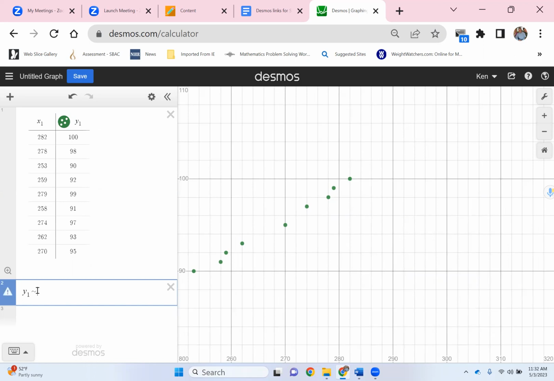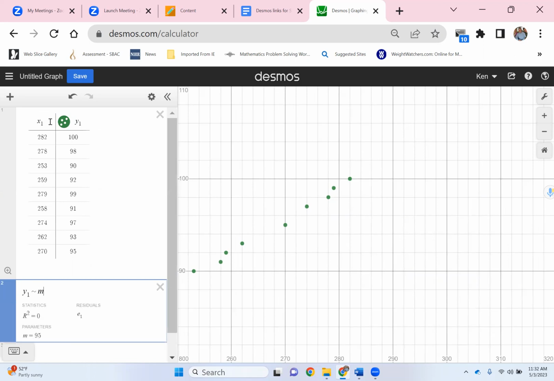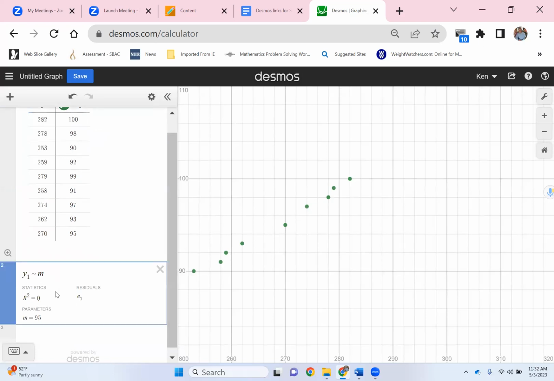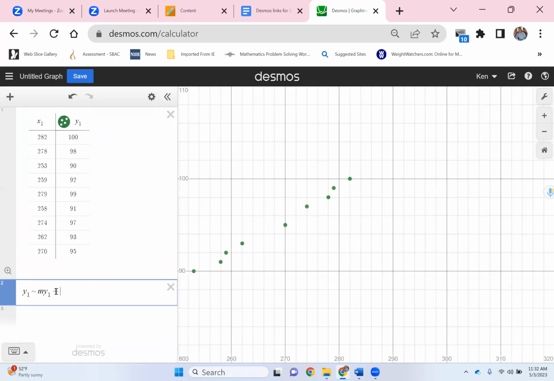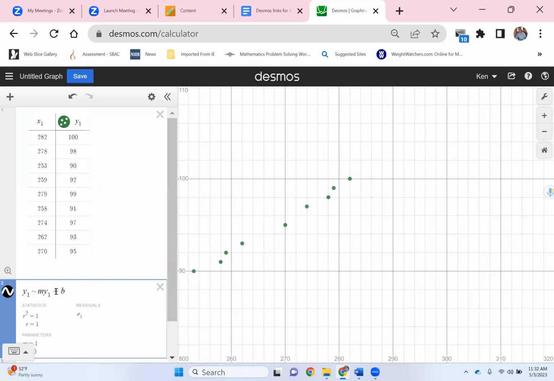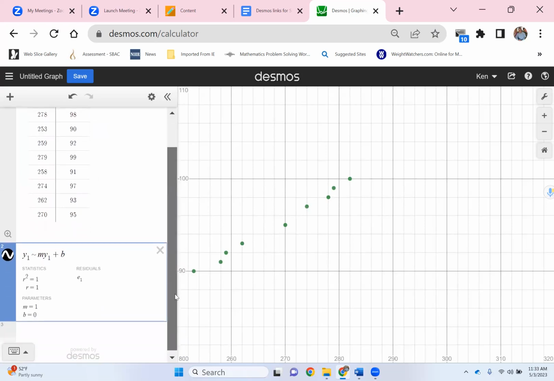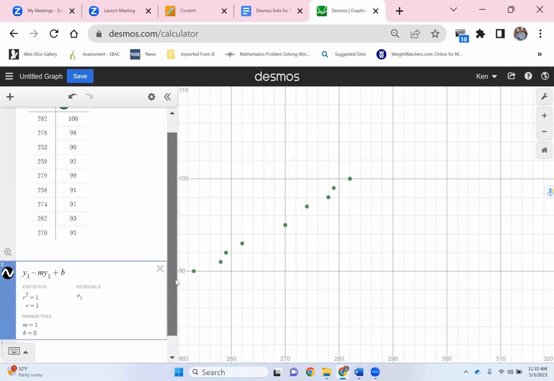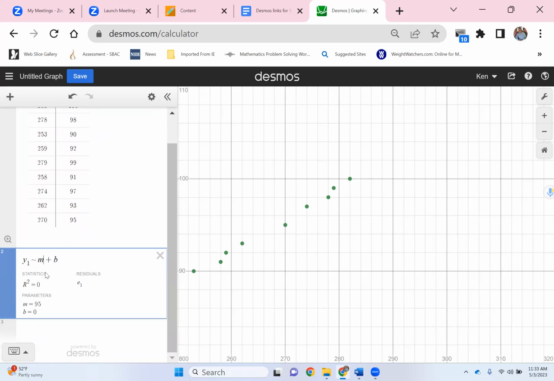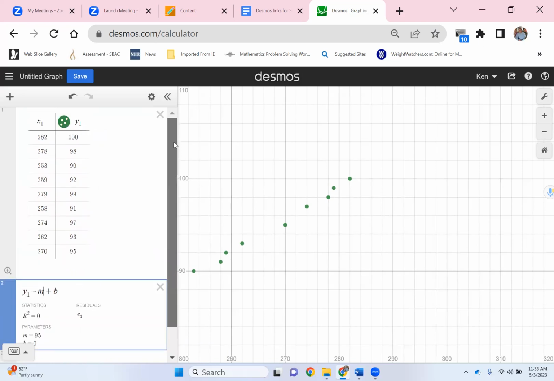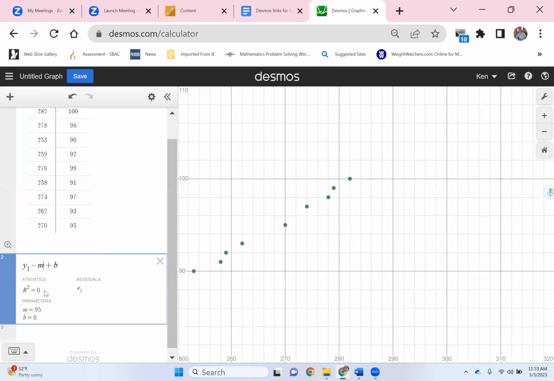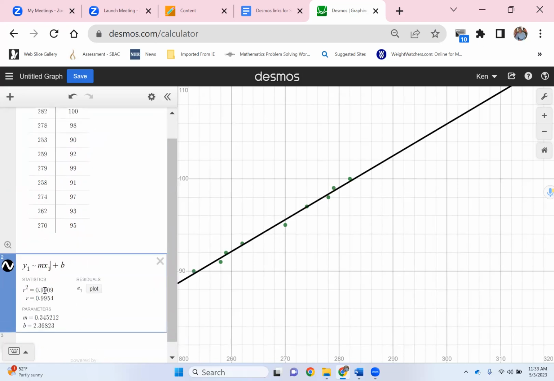Then we say M, we use X1 plus B. And here we have it. Oh, it should be X1, not Y1. It didn't come up. There it is. Wow, looks pretty good.